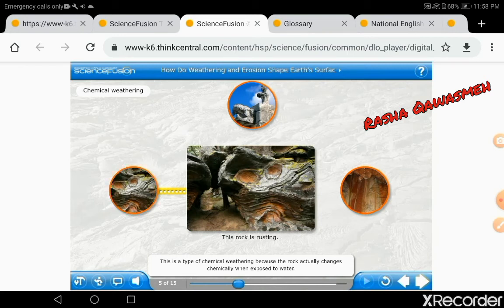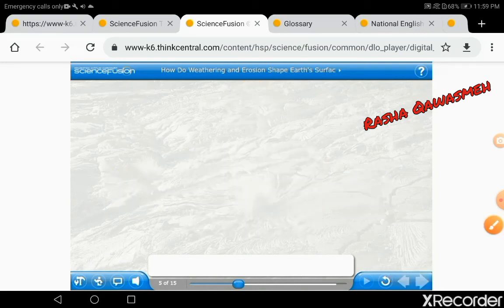So this is why the rock is rusted, because it contains iron and the iron gets rusted. Great, good to know. Next.